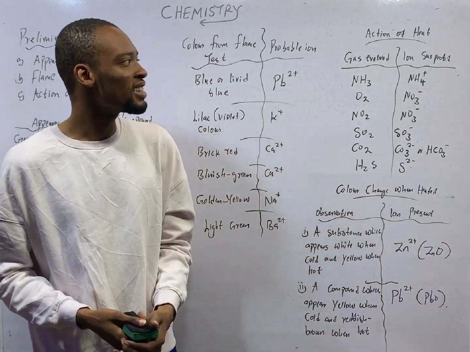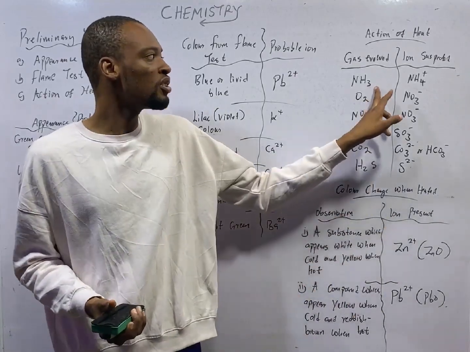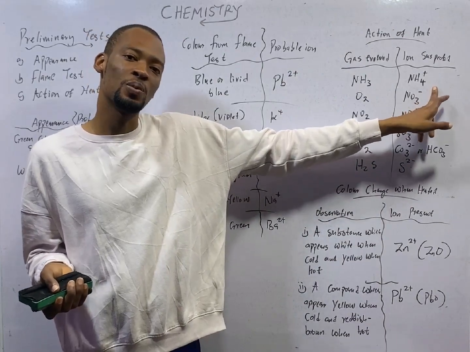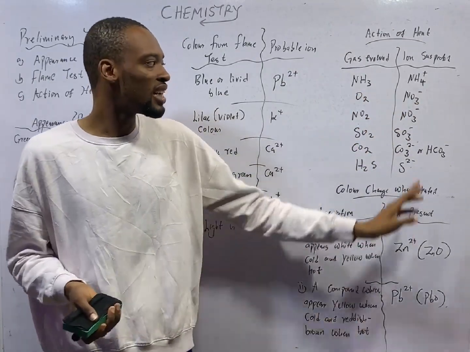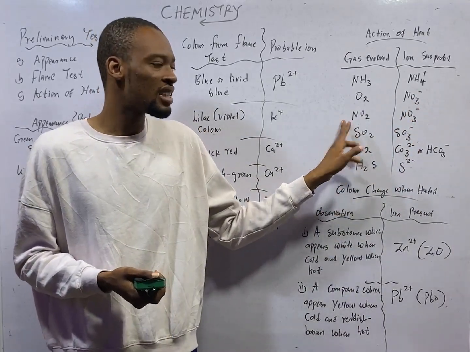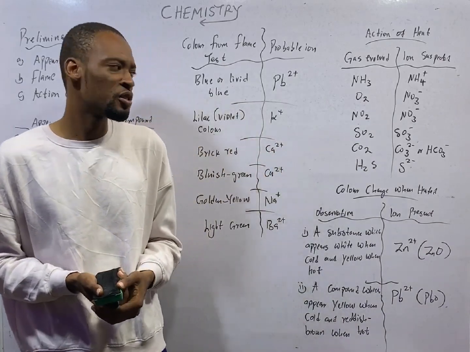When a substance is heated and you are told that ammonia gas was evolved, that means ammonium ion is present. If NO2 gas is evolved when heated, know that NO3 minus ion is present.